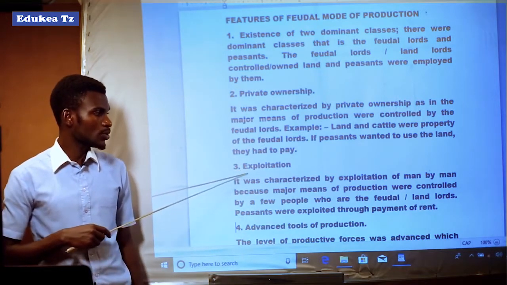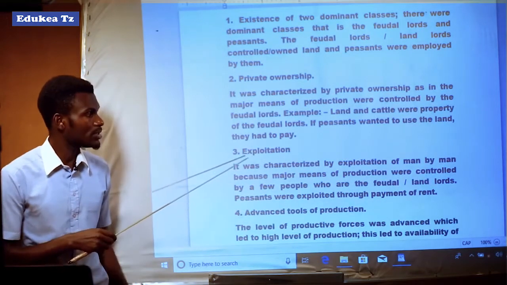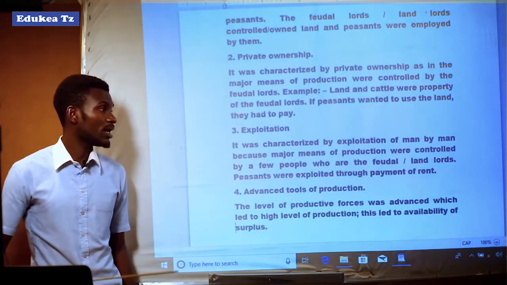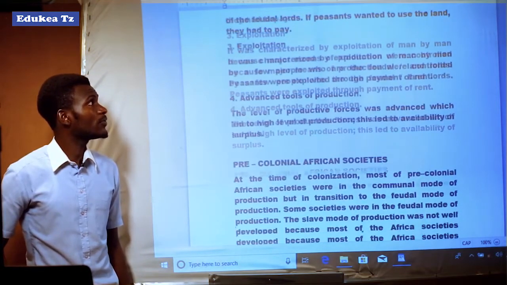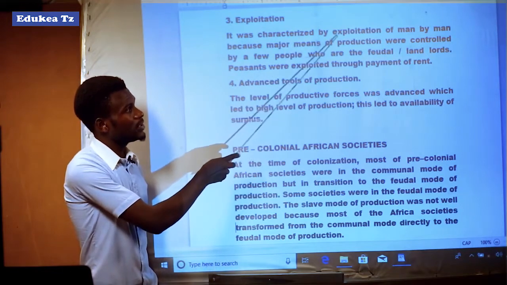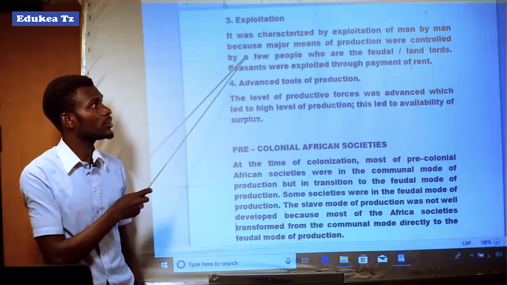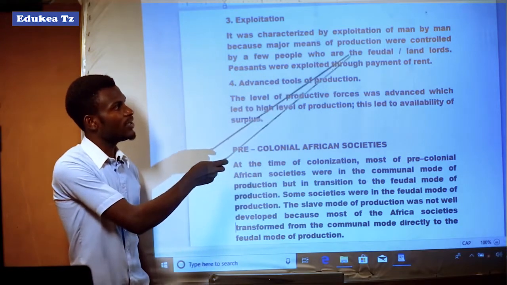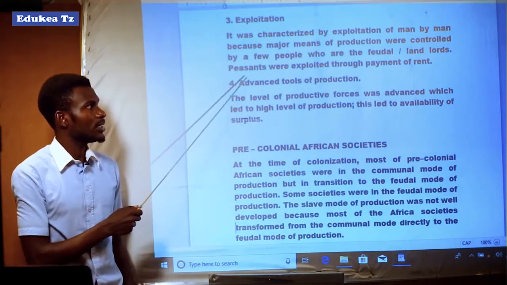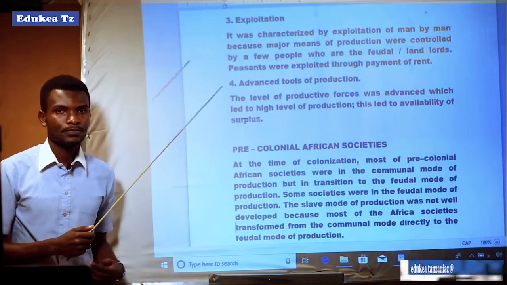Another characteristic was exploitation. It means that there was exploitation of man by man during the feudal mode of production, because the major means of production were controlled by a few people who were the feudal lords or landlords. So peasants were exploited through payments of rent.